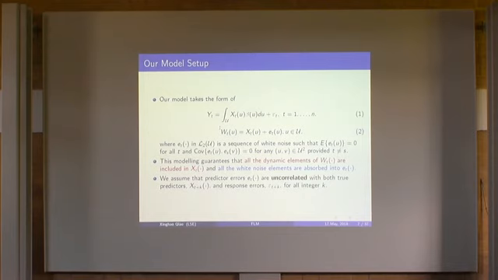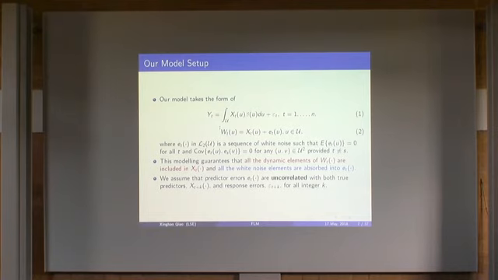The first part is just the traditional scalar-on-function regression. Secondly, the signal predictor is not actually observed. Instead, we observe the noisy version. But here we assume the error process is a sequence with expectation 0, and the covariance operator between E_t(u) and E_s(v) is 0 for any u and v provided t is not equal to s. But for the case t equals s, this covariance operator can be non-zero.